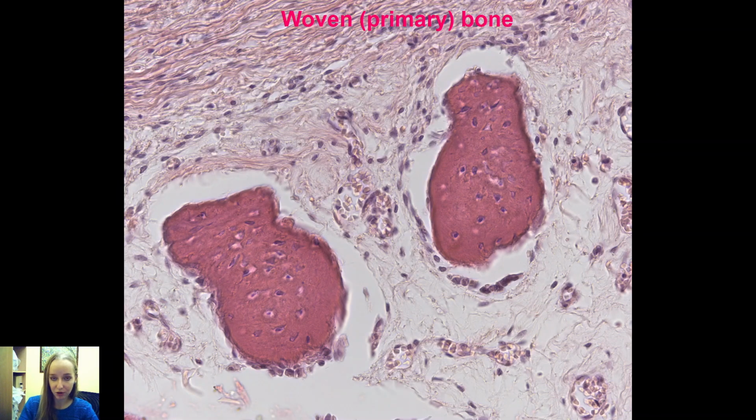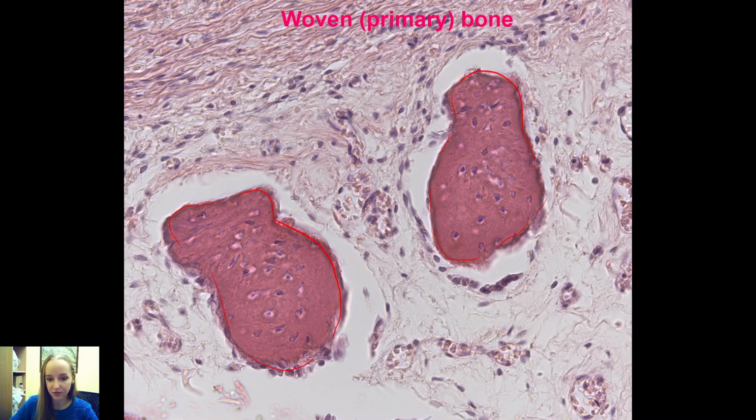Once again, we have this primary bone, woven bone. So what can we see here? There is some connective tissue. This is very primary bone, so we have just these islets of bone right here. They're very eosinophilic.